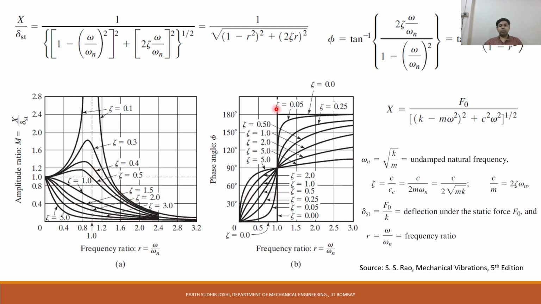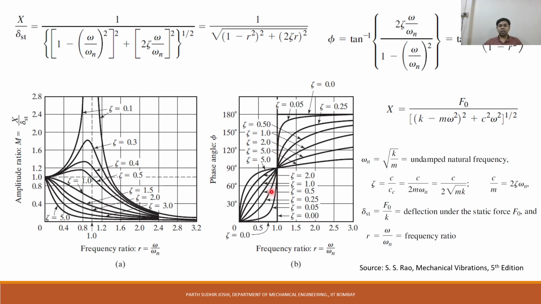Now if we look at the variation of the phase angle, as we go on increasing the damping value, the variation of the phase angle with respect to frequency ratio becomes more and more blunt, and as we go on reducing the damping value, the variations become sharp.